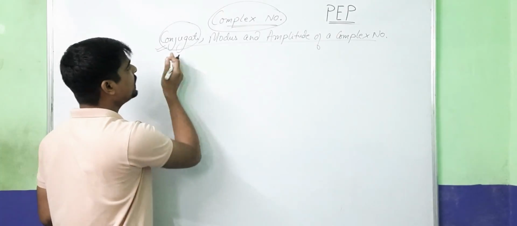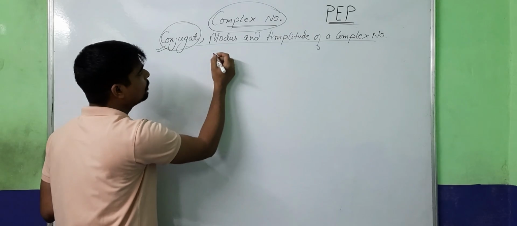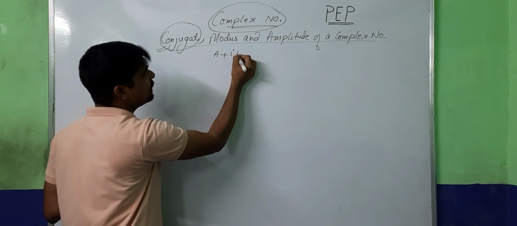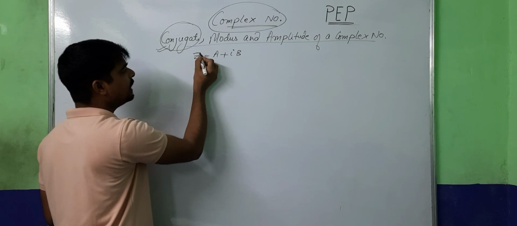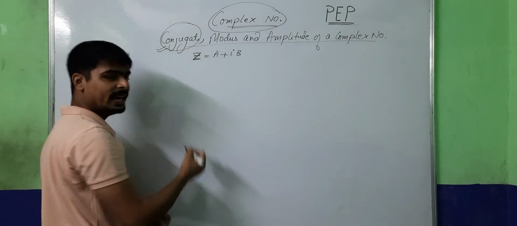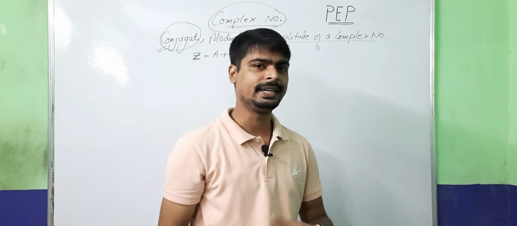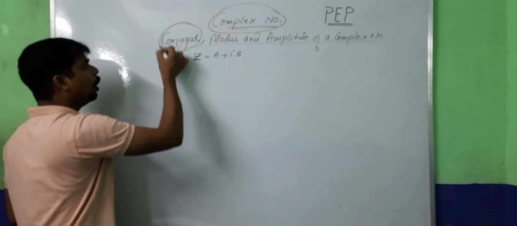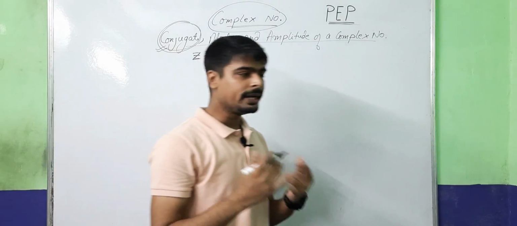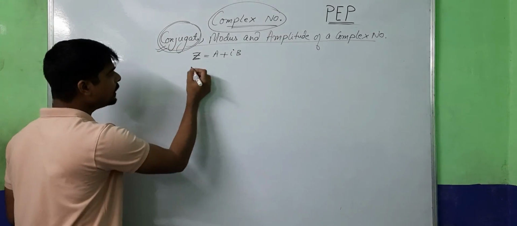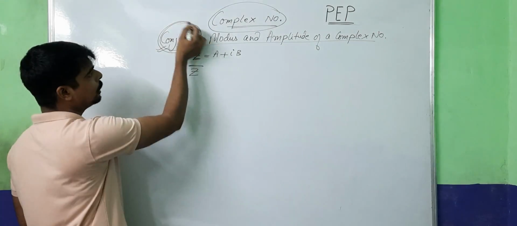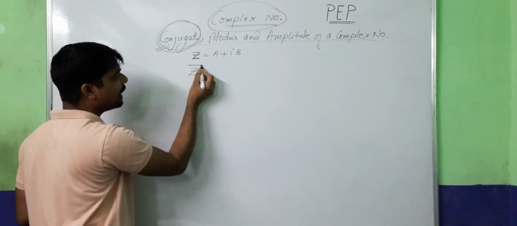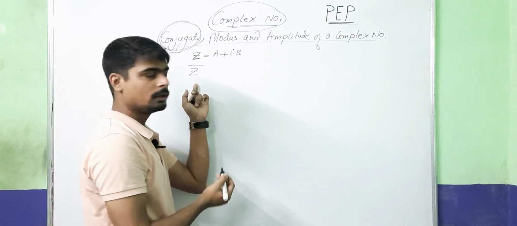Since we know a complex number is represented in the form a plus ib, we'll take this as z. z is equal to a plus ib. In order to find the conjugate, we have to apply a bar on this z.